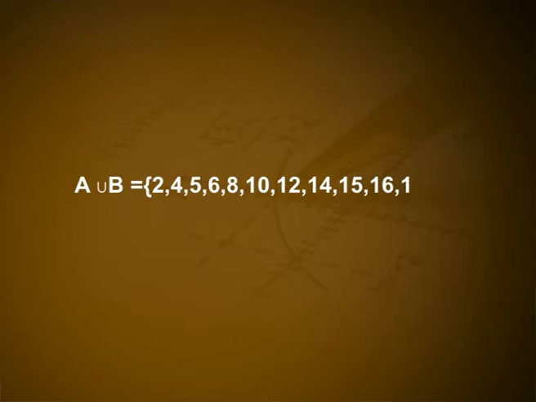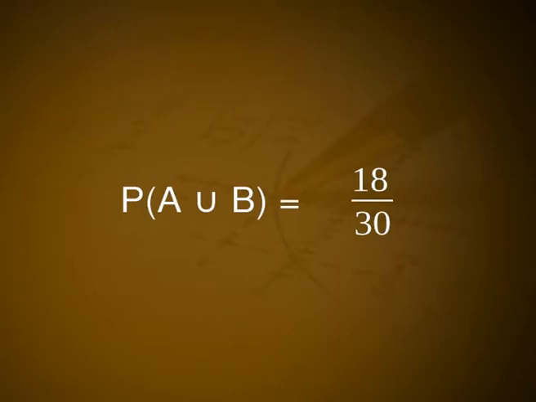Here, the event A union B equals set of elements 2, 4, 5, 6, 8, 10, 12, 14, 15, 16, 18, 20, 22, 24, 25, 26, 28, 30 and its probability is P of A union B equals 18 by 30. Thus, the addition theorem is verified.